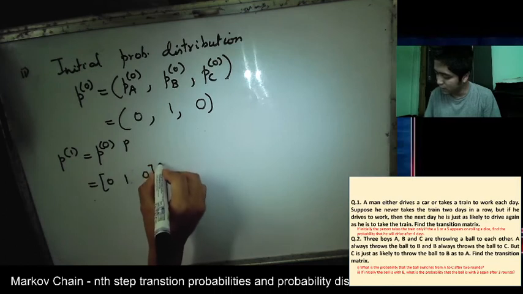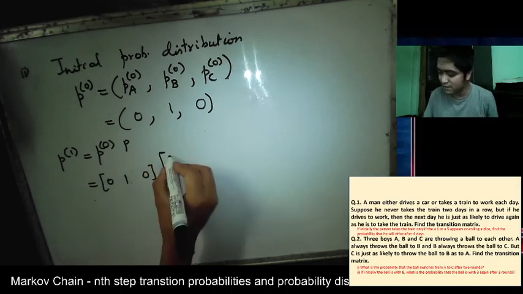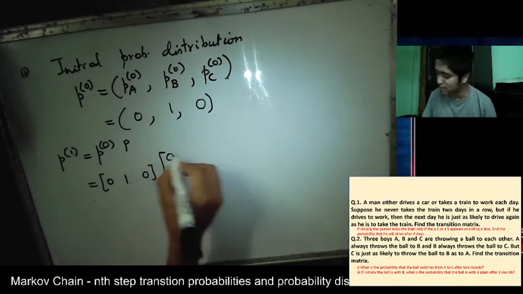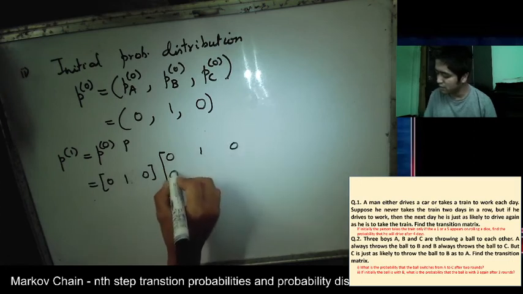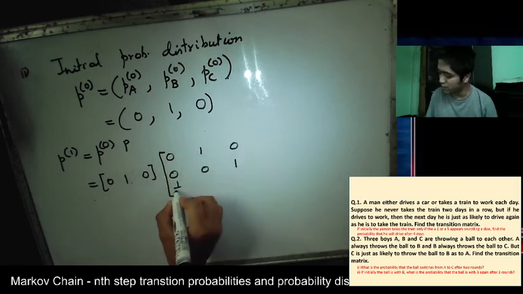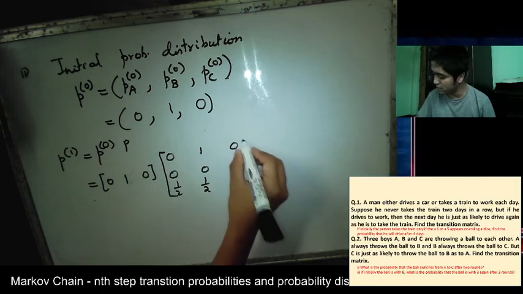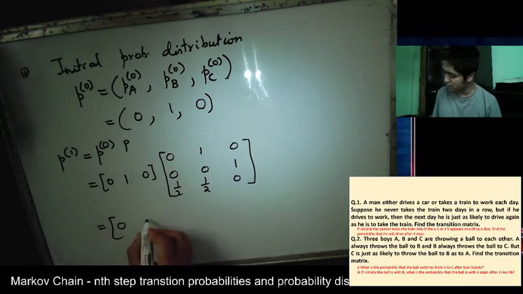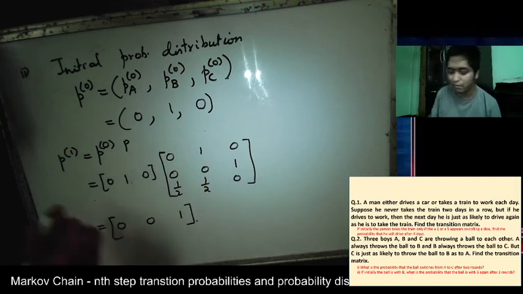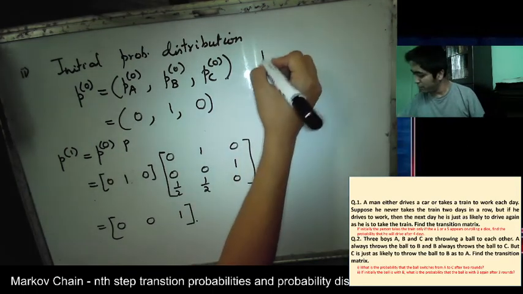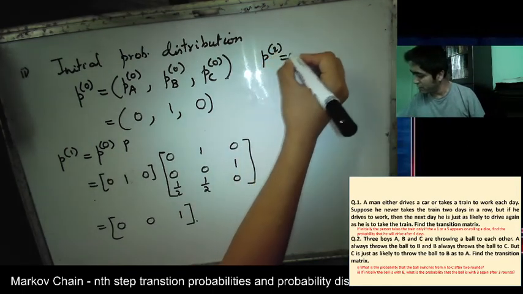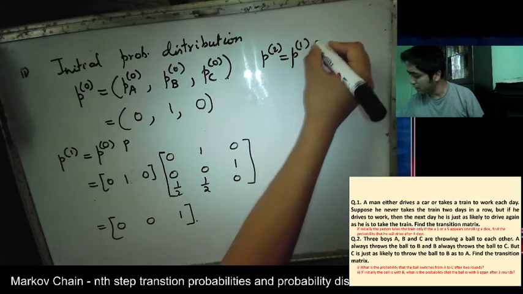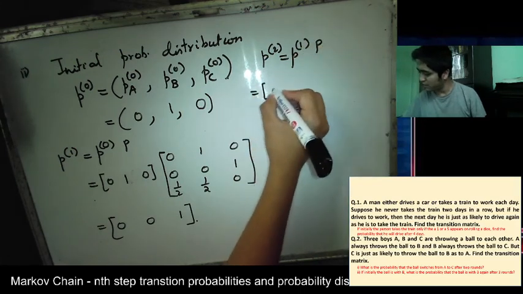And P is the matrix 0, 1, 0; 0, 0, 1; 1 by 2, 1 by 2, 0. So over here we are having 0, 0, 1. So this is what we are having, P1. P2 will be P1 times P. P1 is 0, 0, 1.